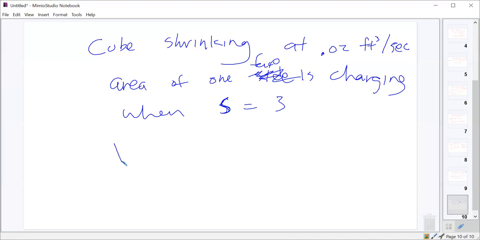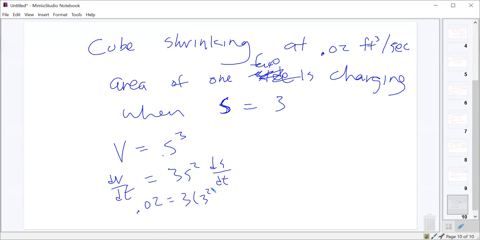So the volume, which is the side length cubed, gives dV/dt equals 3s squared times ds/dt. That should tell us how the side length itself is changing. dV/dt was 0.02, which should be 3 times the side length squared times ds/dt, so ds/dt is 0.02 over 27.